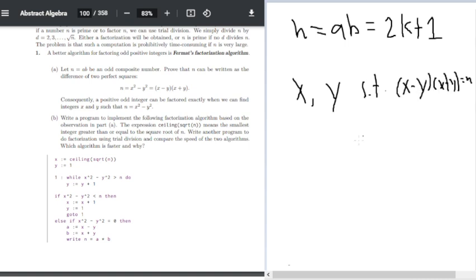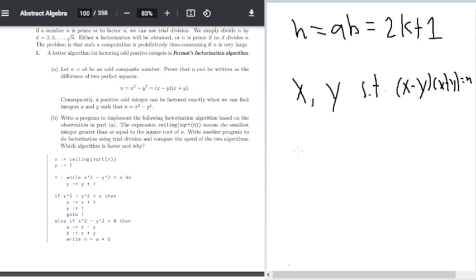So let's worry about this. So I'm wondering if ab is equal to 2k plus 1. Oh, this is weird thinking about it.